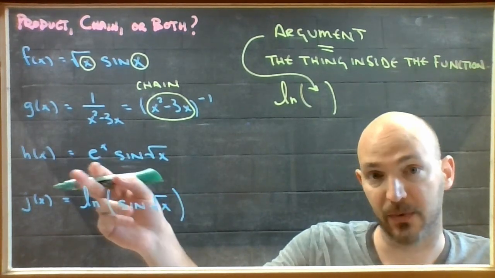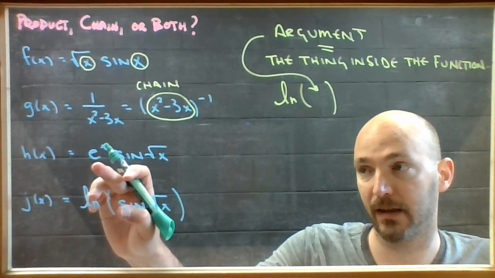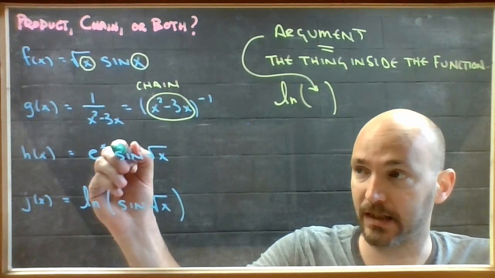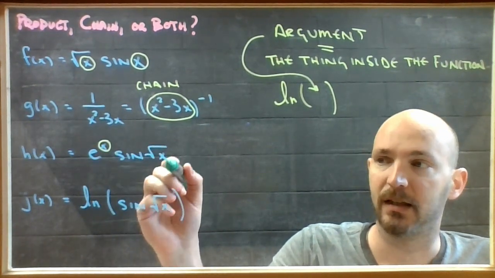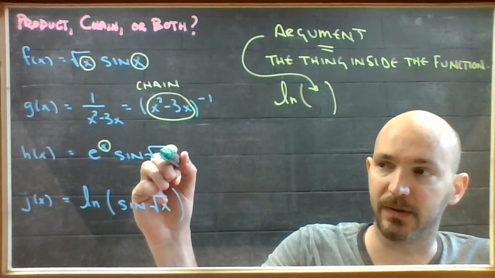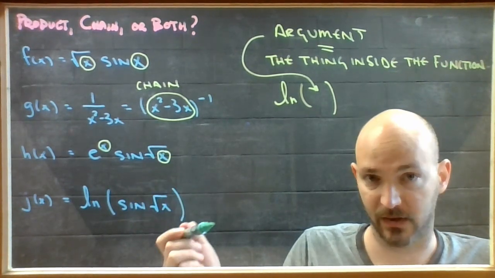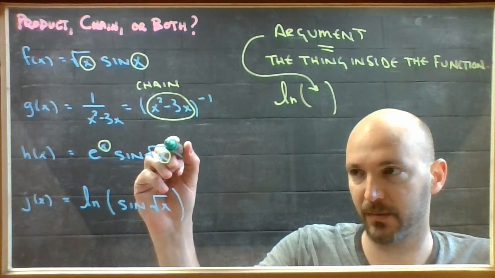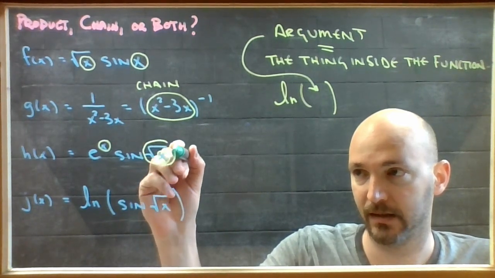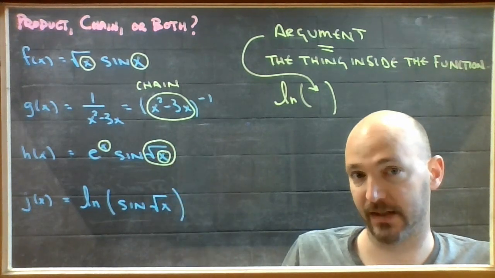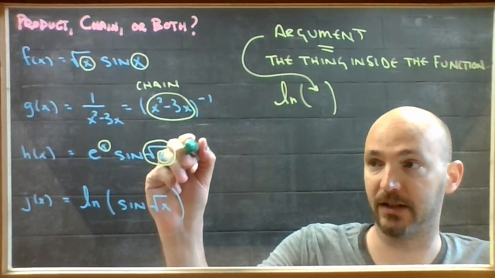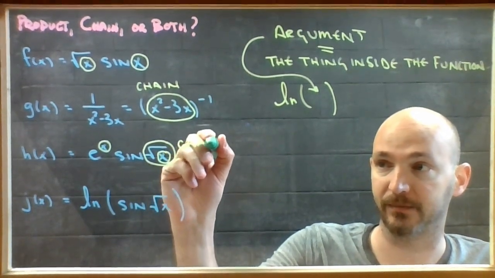If I look at this particular one, inside the e, the argument on the e is just an x, so that's fine. The argument on this square root is just an x, so that's fine. But the argument on the sine is a square root of x. There's a function shoved inside of that sine, so I'm going to need chain on this one.